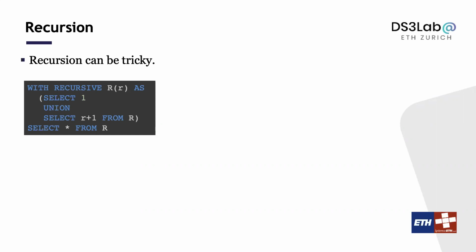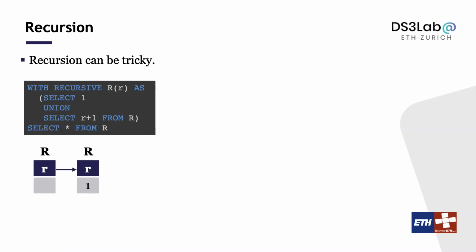What would happen if I give you a query that looks like this? Again, you start from an empty relation R, and then you try to run this query. In this case, the first half is going to return 1, and the second half is going to return an empty set, because at this moment R is empty. So I'm going to have one relation with a single tuple 1. And then what happened in the second step?